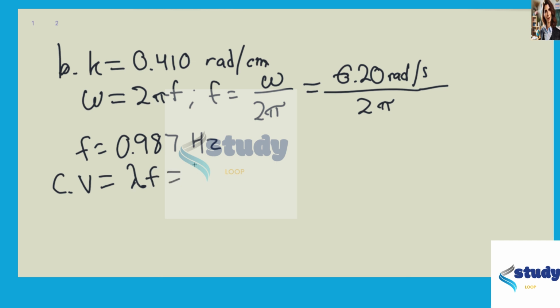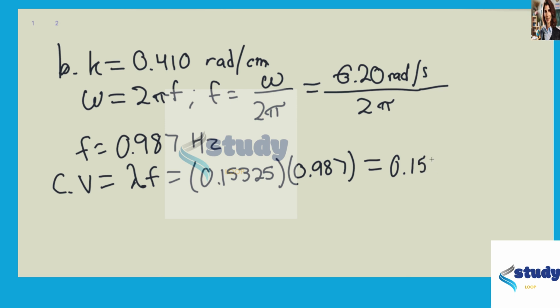We know both of these variables, and we can say that this is going to be equal to 0.15325 times the frequency of 0.987, and this is going to be equal to 0.1513 meters per second.